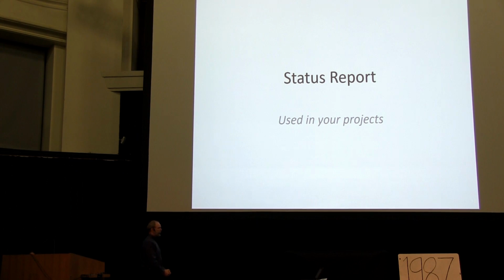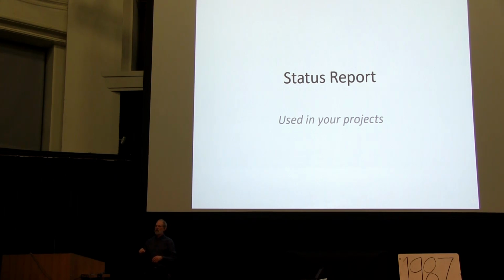We're now going to shift in time from the planning part to the actual execution part. In a couple more weeks, you're going to be asked to hand in a status report on your project.